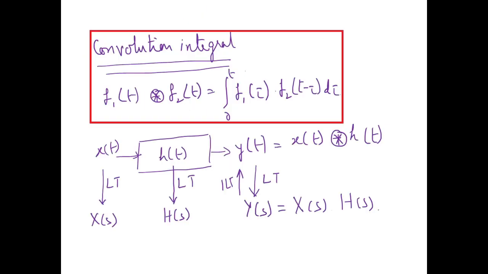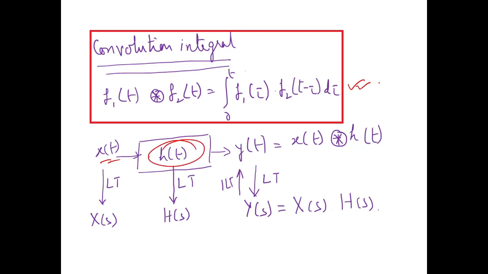Now, just like in the Fourier transform, discrete Fourier transform, and all these things, where we had the convolution integral, over here also you will be having the convolution integral. Similar process, so I am not discussing it here.